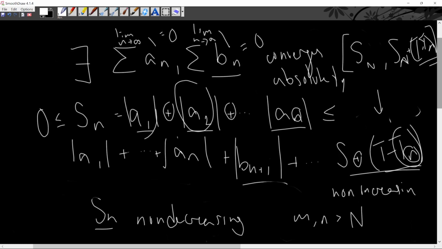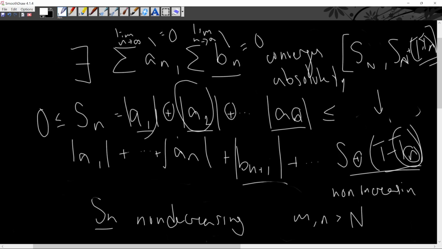slowly narrowing interval, and this length, the length t minus t sub n, is decreasing, or approaching 0 as n goes to infinity, right?